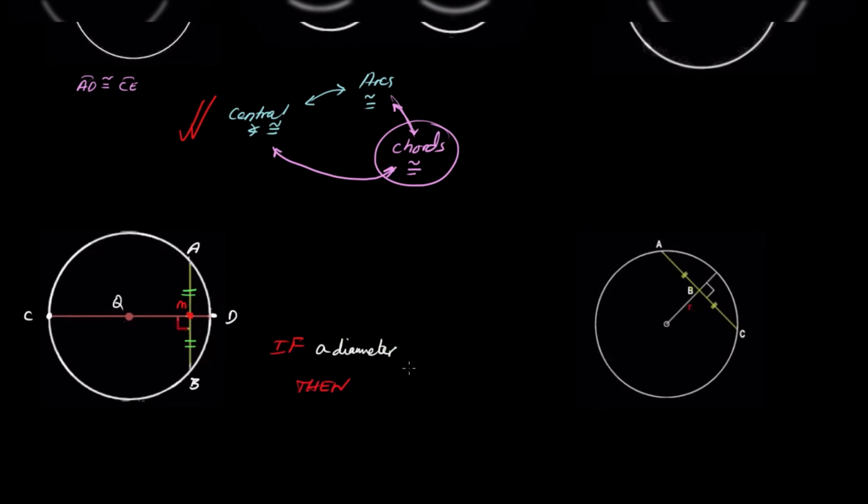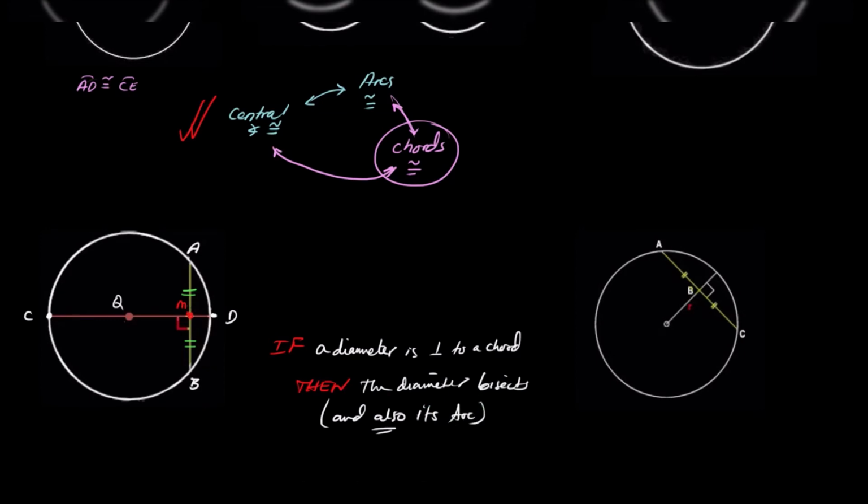If a diameter is perpendicular to a chord, then the diameter bisects the chord and also the corresponding arc.